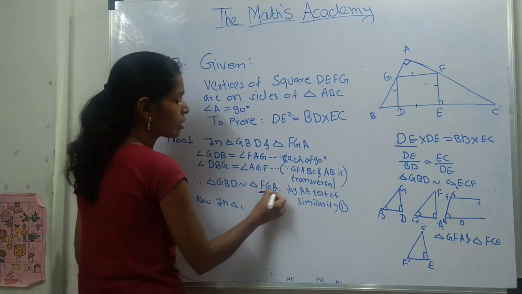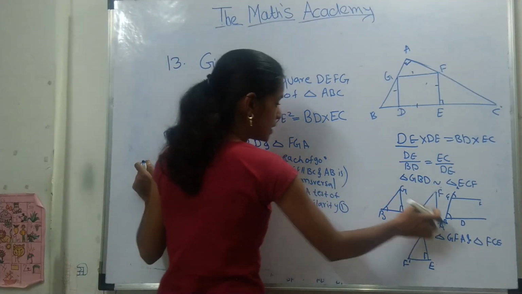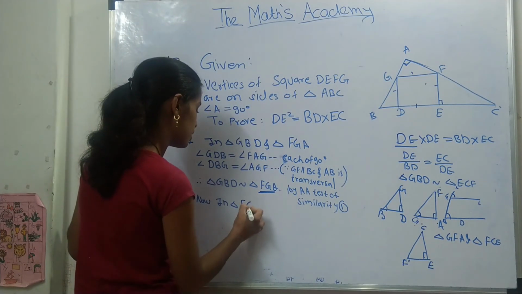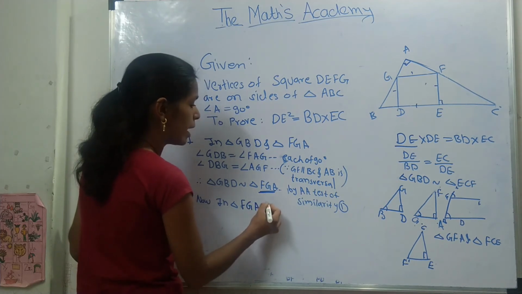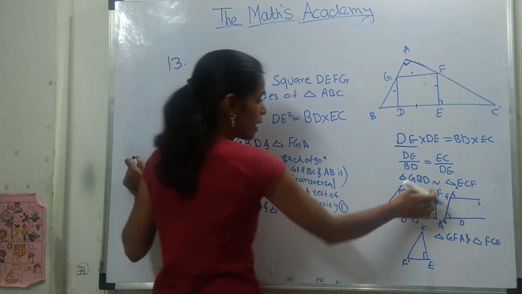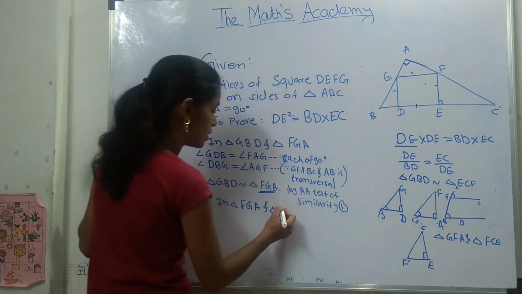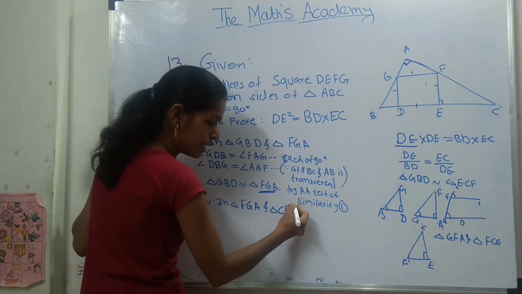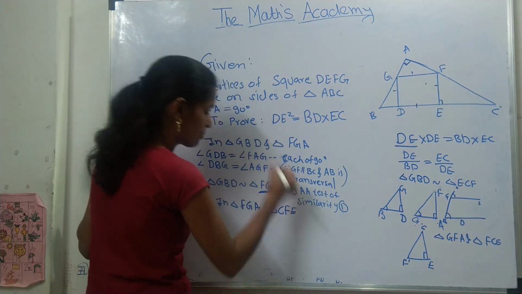It will be convenient from the first result. If you consider FGA, here you have to consider CFE. Okay.